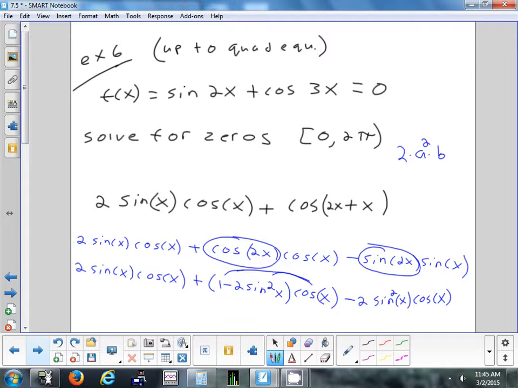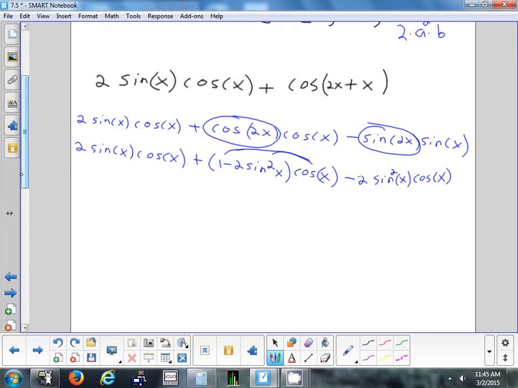Okay. So now, this part, I think it's good. Why don't we just distribute it out, and then you'll see something you can do. We'll do it separately, though. So 2 sine cosine. This part's just staying the same the whole time. This part's not changing. Plus cosine x.